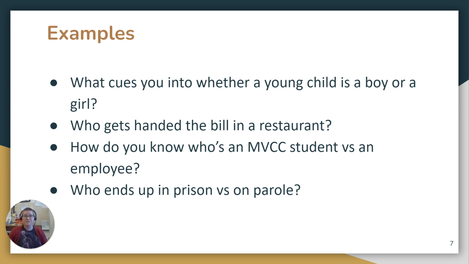Examples can get even more important to people's lives. There's actual data related to who ends up in prison versus on parole, and you could take this apart in a lot of different ways. But both Black and Hispanic men are, by a significant proportion, more likely to be sent to prison than to be put on parole compared to white men.